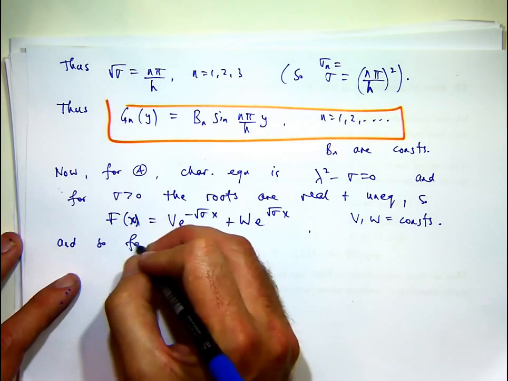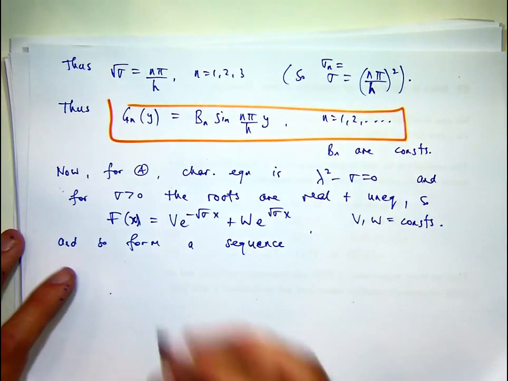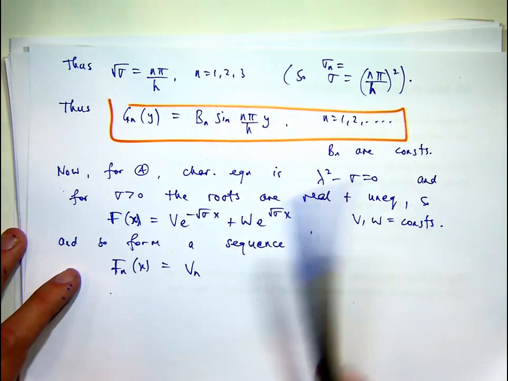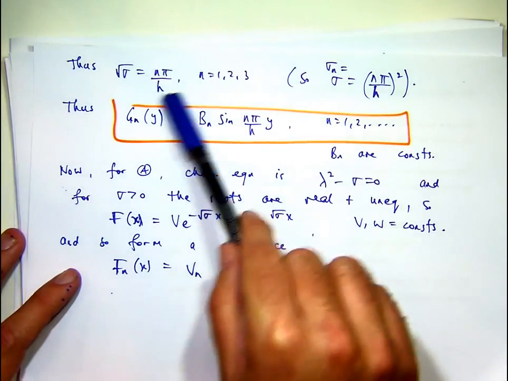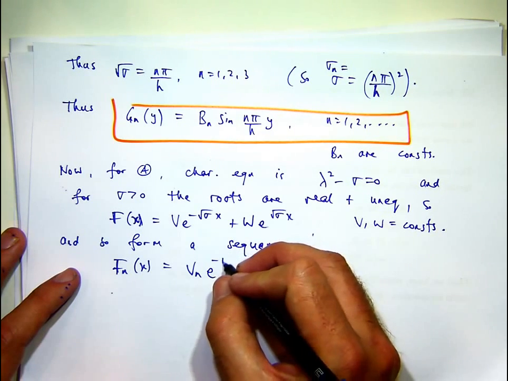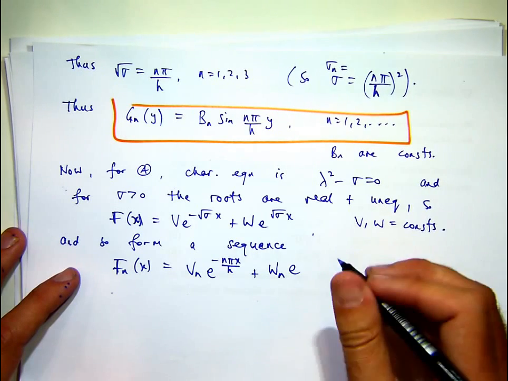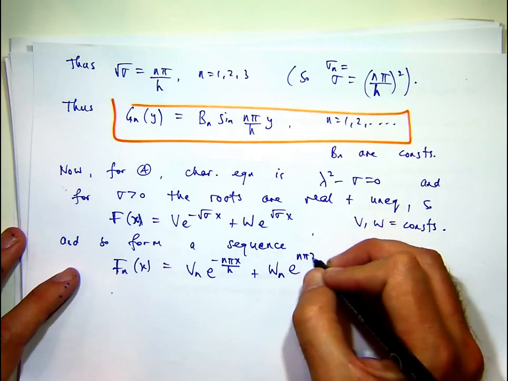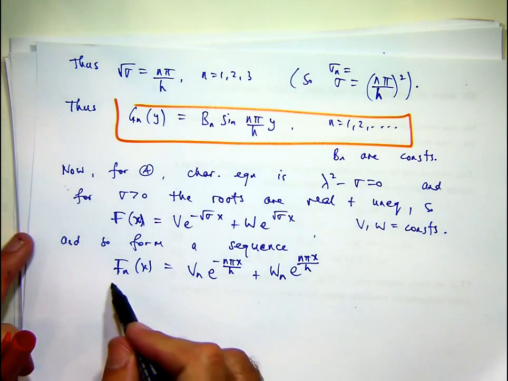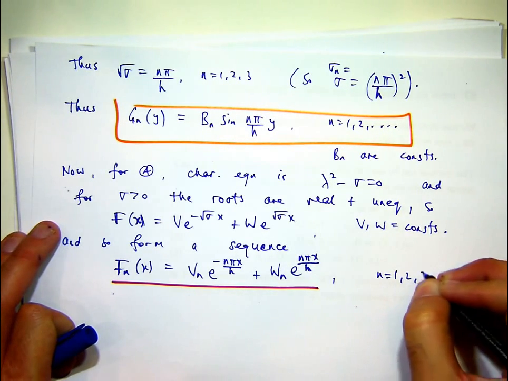So we can form a sequence based on our prior working, just by replacing root sigma with this and putting the coefficients as a sequence. This is for n equals 1, 2, 3, etc.